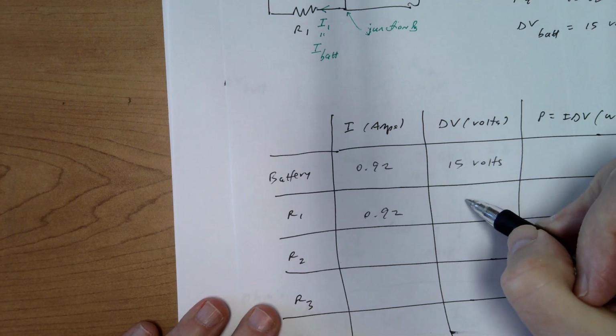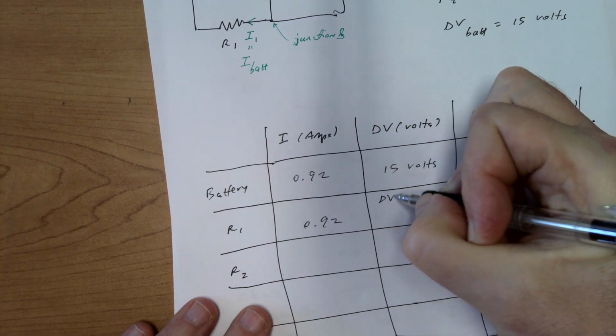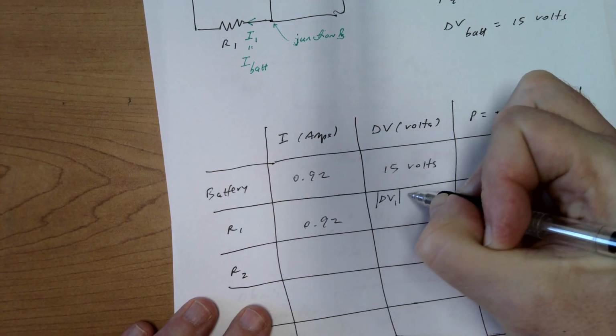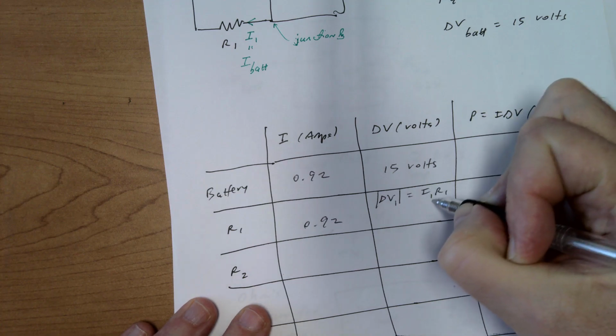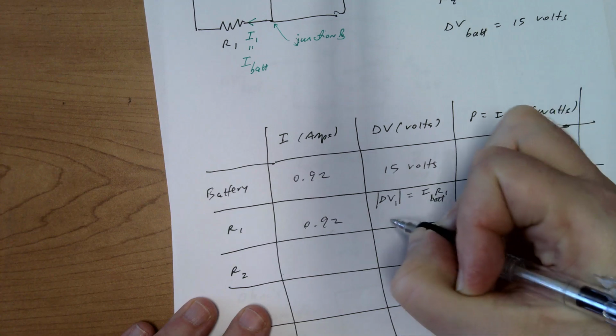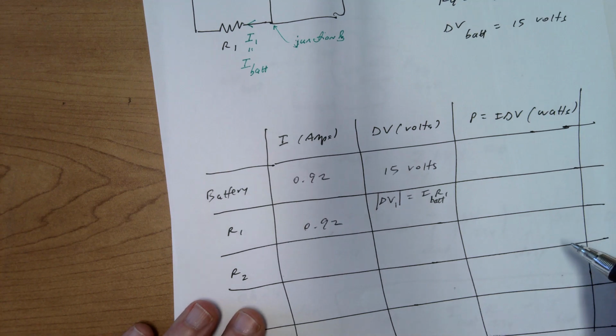Delta V for R1, we're just going to use Ohm's law for that. So delta V magnitude 1 is just I1 R1, but I1 is I bat. So I'm going to, let's see, calculate that.